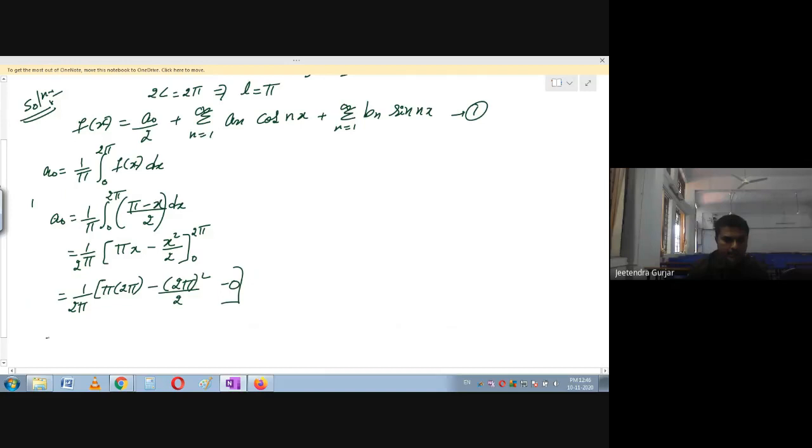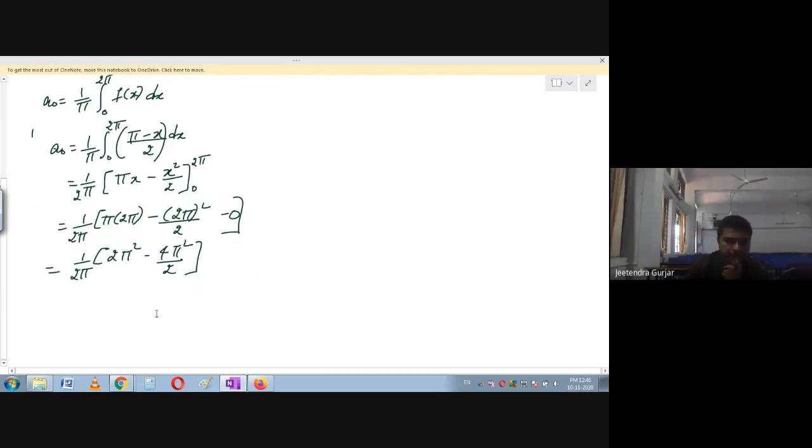Don't worry. Further simplify: this is 1 upon 2 pi times 2 pi square minus 4 pi square upon 2. If you simplify, students, and take the LCM, you will get the value like this: 1 upon 2 pi times 4 pi square minus 4 pi square upon 2.